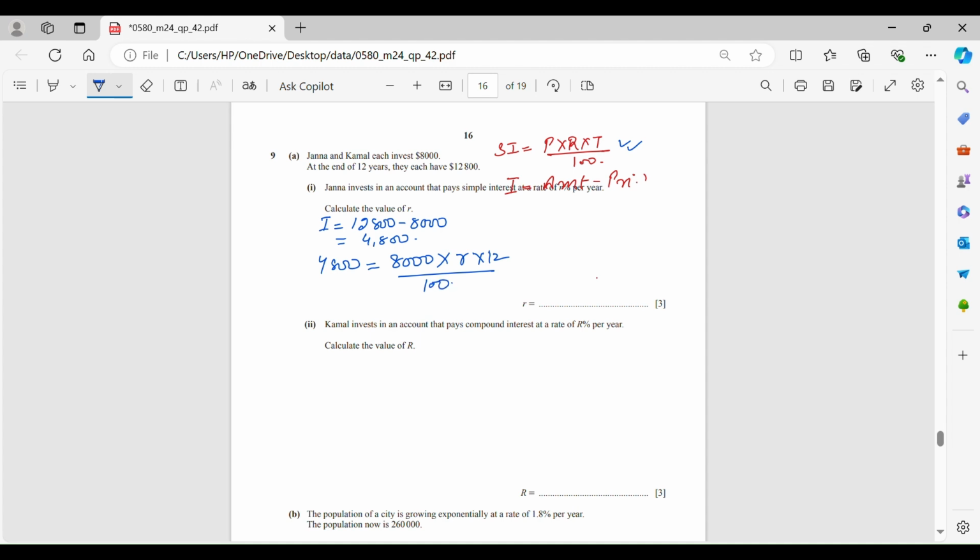We will use the calculator for this, and we can cut this. So 4,800 divided by 80 into 12 is equal to R. So R will be equal to 5%. Rate of interest is 5%. So our answer R is 5% per annum.